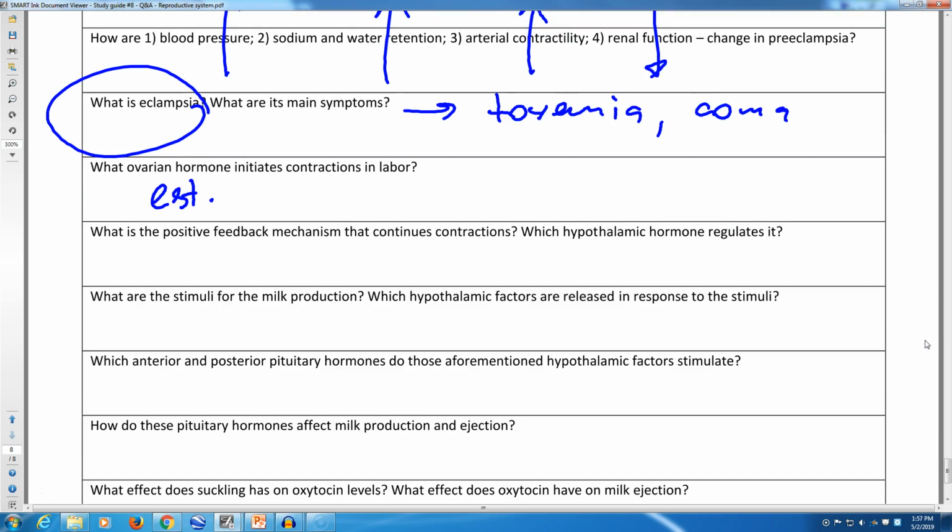Stretch of the uterine cervix sends a signal to the posterior pituitary, where, remember, oxytocin, which is a hypothalamic hormone, okay, oxytocin stimulates further contractions, which stimulate more stretch, more oxytocin, more contractions until the baby is born.